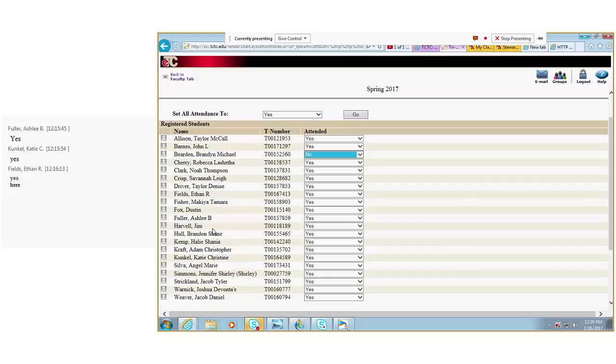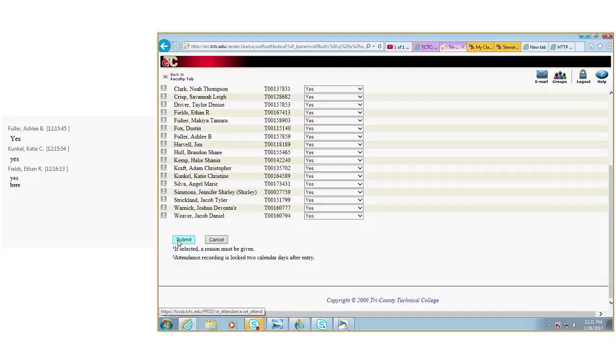Fuller's here with Skype. Harvell is here. Hull. Kemp. Kraft. Kunkel is here. Silva. Where's Silva? Okay, you Skyped in the other day. Simmons is here. Strickland is here. Warnick and Weaver. Yeah, he's okay.